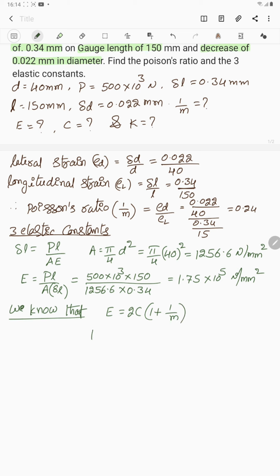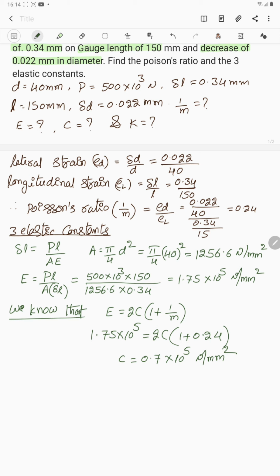Young's modulus is 1.75 into 10 power 5 is equal to 2 into C into 1 plus Poisson's ratio we got is 0.24. Simplify this value for getting the shear modulus around 0.7 into 10 power 5 Newton per mm square.